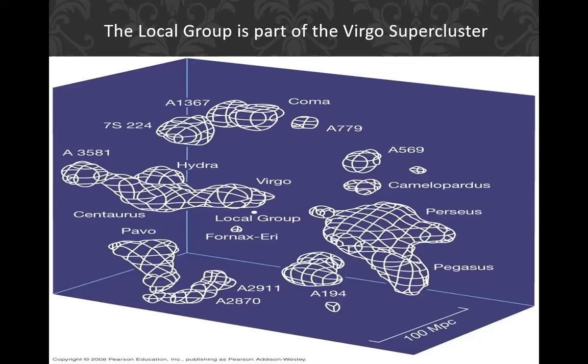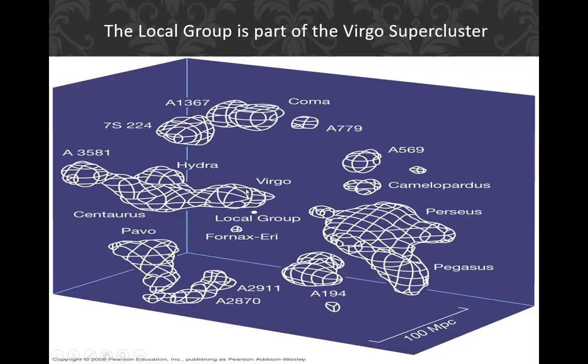But it turns out that it gets even worse. Our local group is one group of many in something that we're going to call a supercluster. And it turns out that there's a weird subtlety that I have to mention in this slide. You'll notice here that the local group is this dot in a computer simulation.